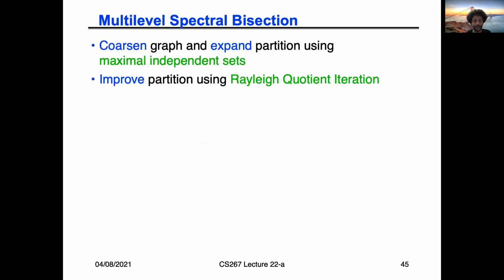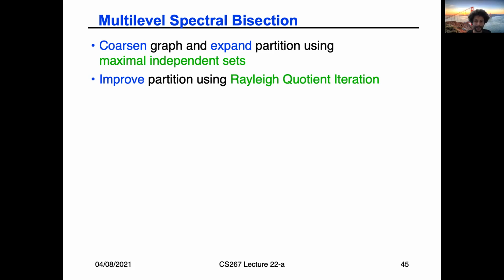One thing I'm not going to go over is how you do this in the spectral case. This idea works for the non-spectral multi-level algorithm. If you have a spectral algorithm, what does it mean to project back an eigenvector? There you cannot use the Kernighan-Lin swapping for improvement.